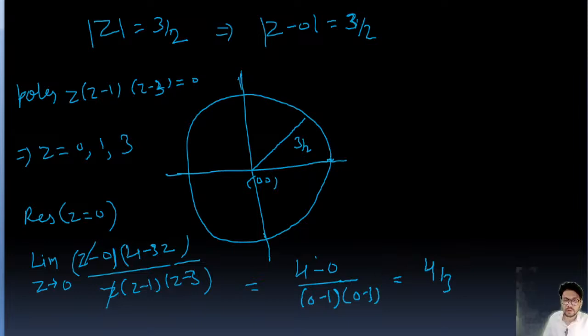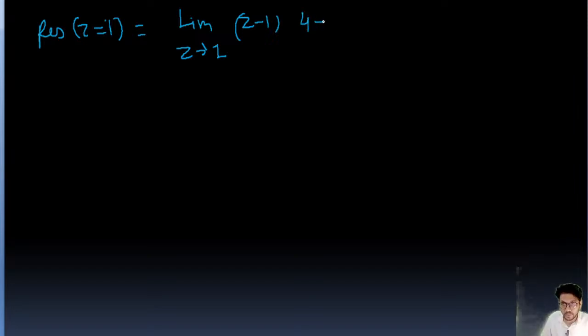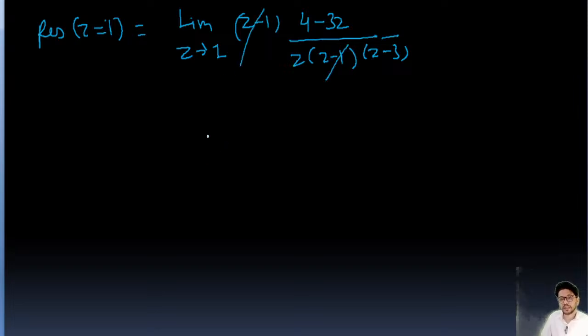Now we'll find the residue at z equal to 1. This is the limit as z tends to 1 of (z minus 1) into (4 minus 3z) upon z into (z minus 1) into (z minus 3). Z minus 1 will get cancelled and we put z equal to 1.